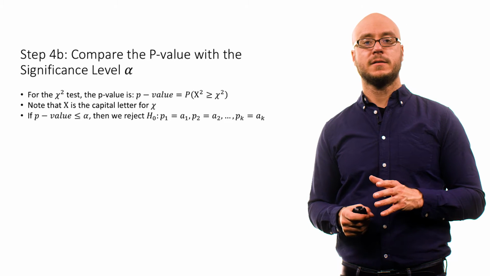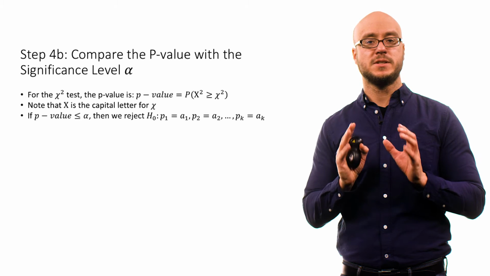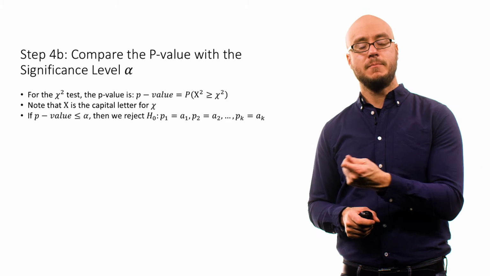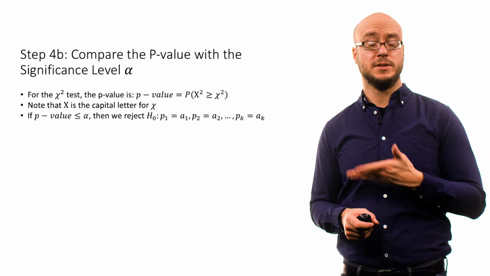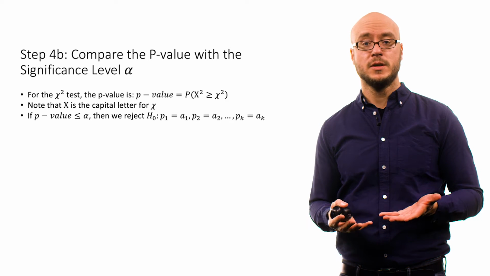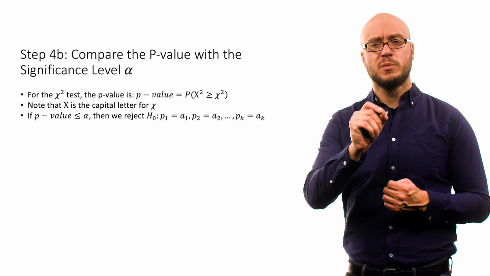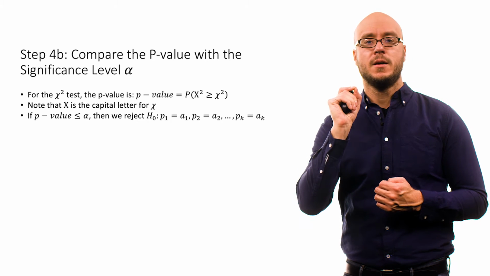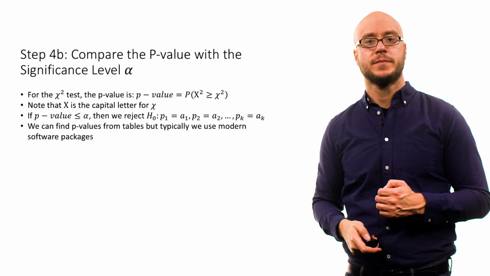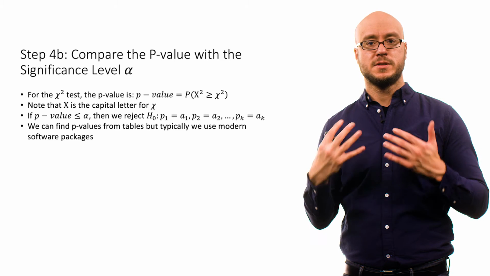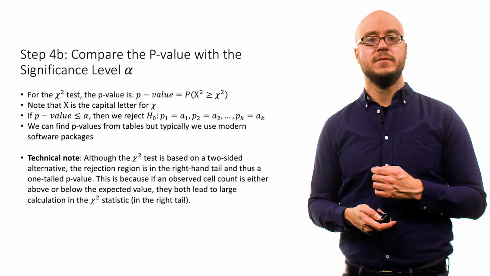The key point here is that if the p-value is less than or equal to alpha, then we reject the null. The null, for the chi-square one-way goodness of fit test, is that these population proportions are equal to the claimed proportions in the population. Typically, we'll use statistical software to calculate p-values.